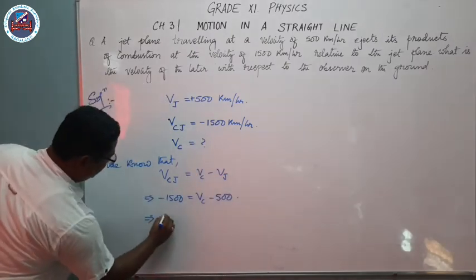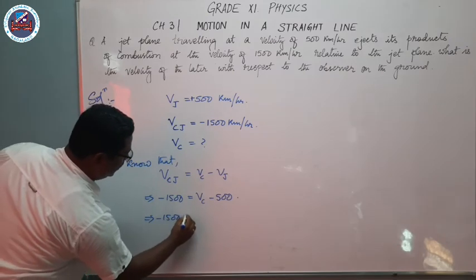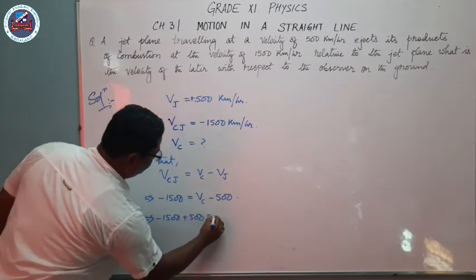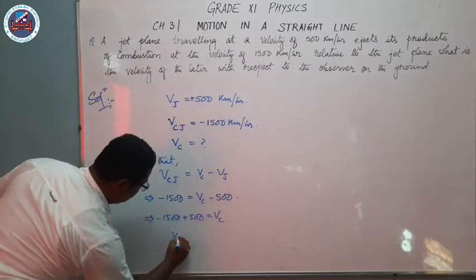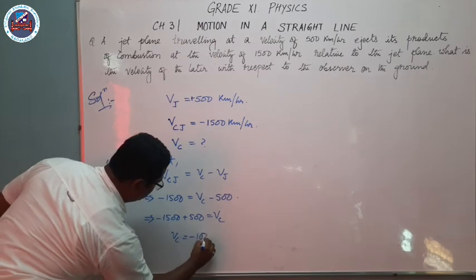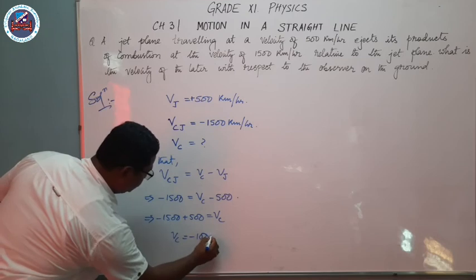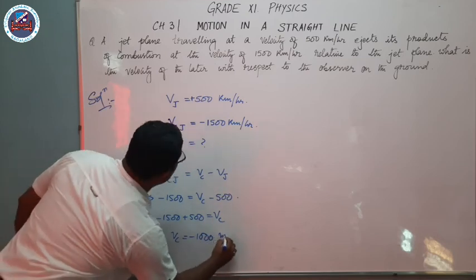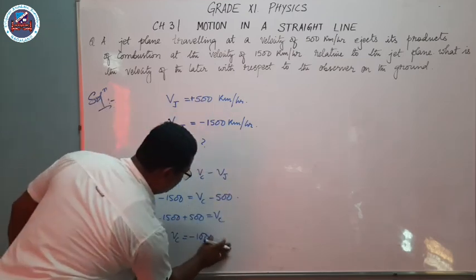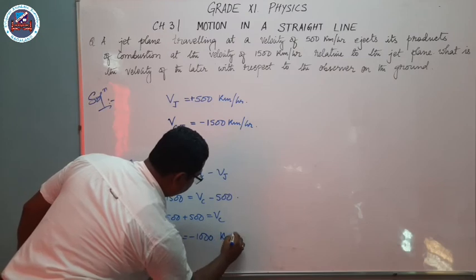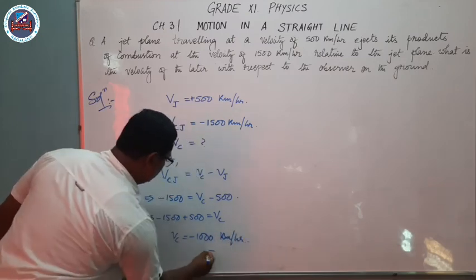So it will become minus 1500 plus 500 equal to Vc. Vc is equal to minus 1000, so you will have to do subtraction. It is in kilometer per hour, so we write km per hour. This way you can find out.